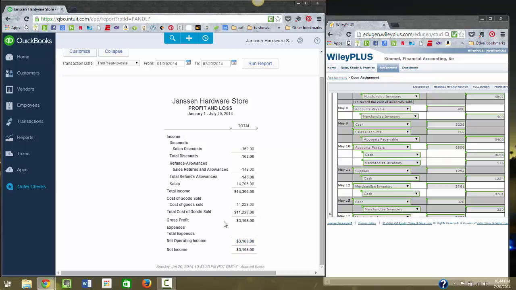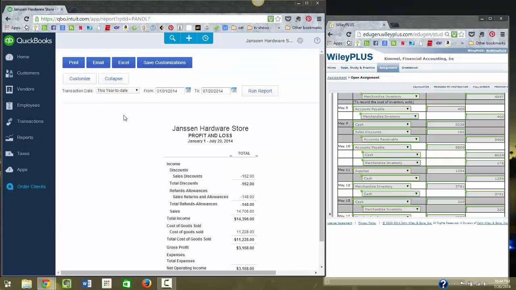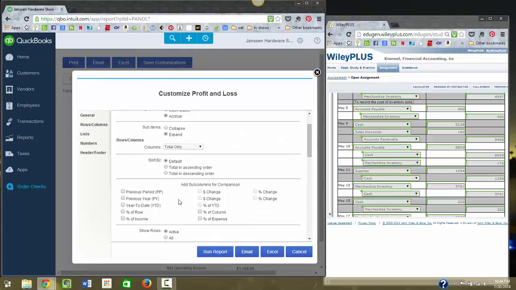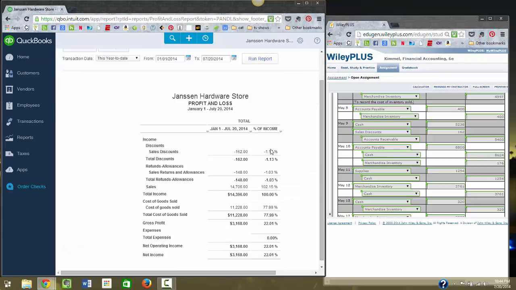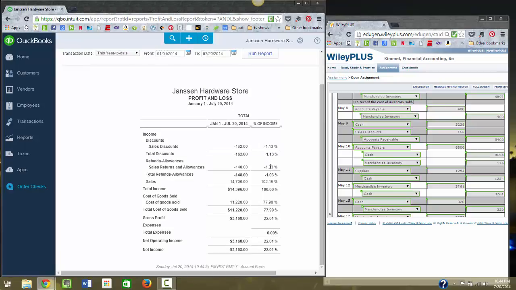If you're looking for a percentage, you can go to customize, and we look down here and there's a percent of income, and we'll run this report and you'll see that there's another column that states everything in terms of percentage of total income. So total income is obviously 100%.